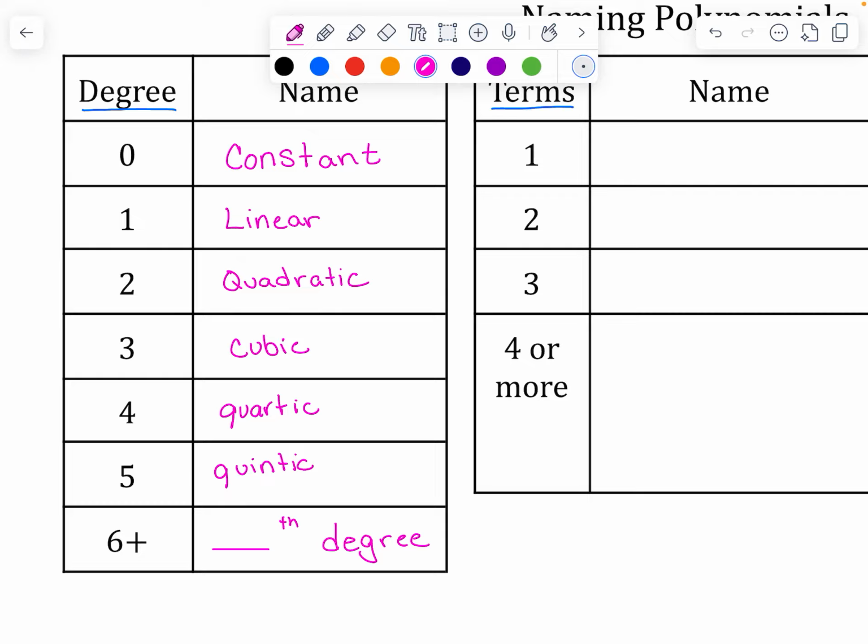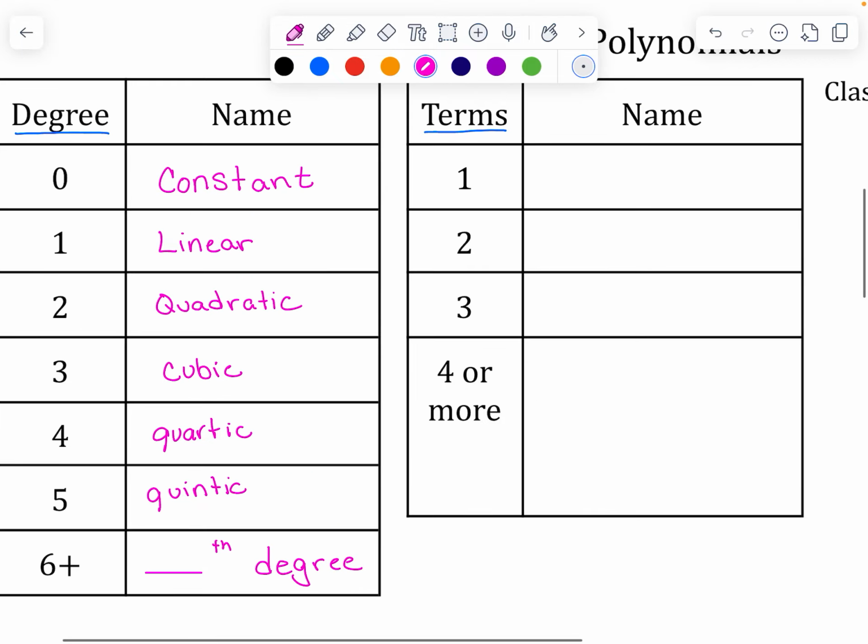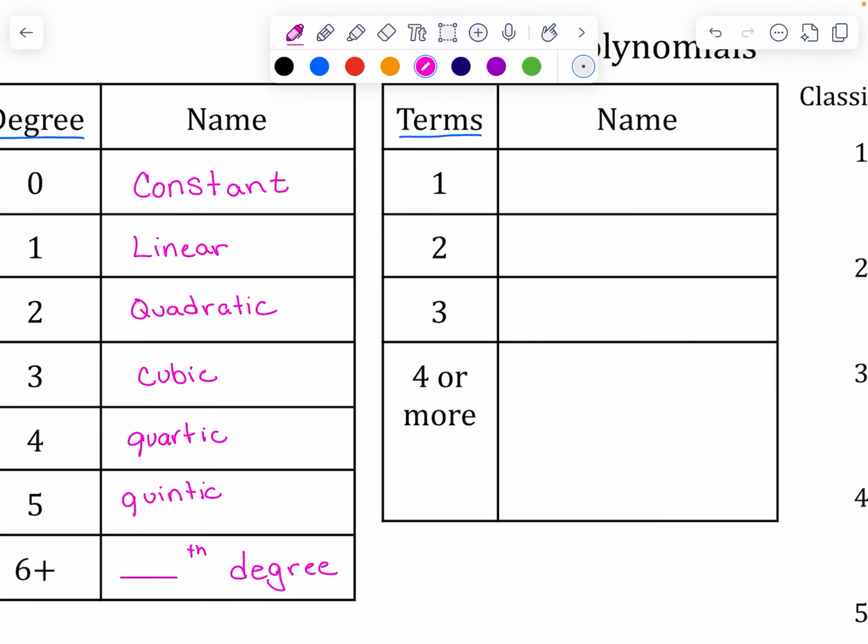So whenever we are naming a polynomial, we always have the degree, then we'll name it by the number of terms. So for number of terms, if there is just one term, this is that definition at the beginning that we talked about, monomial. Mono meaning one. If we have 2 terms, it's going to be a binomial. Bicycle, 2 wheels.